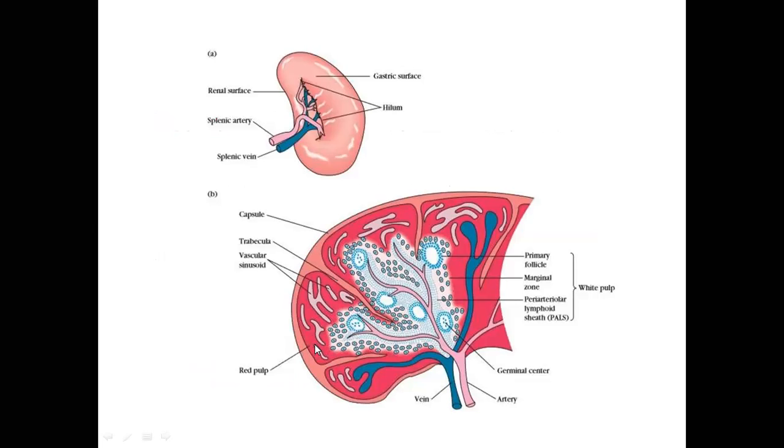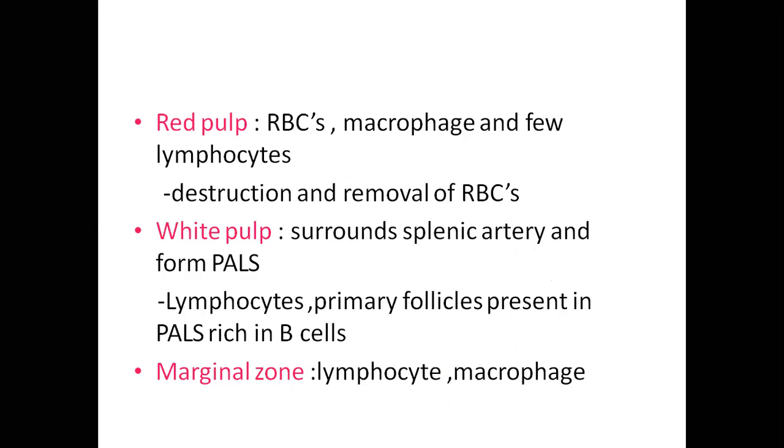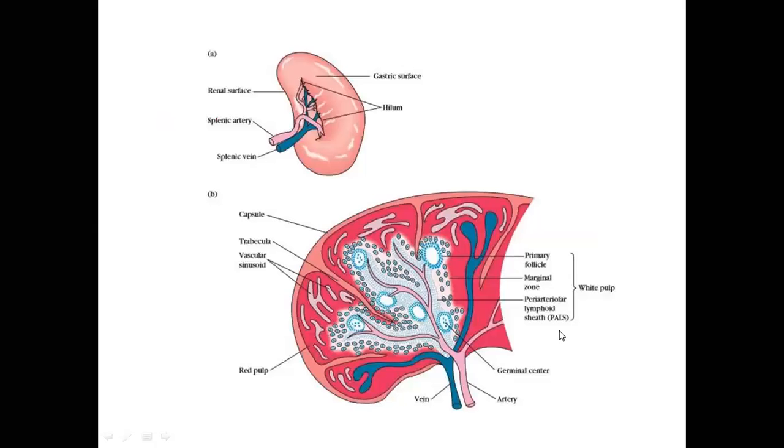We know that within 120 days the RBCs get destroyed and new RBCs get formed. That destruction of the RBCs takes place within this red pulp only. And then what do we know about the white pulp? White pulp surrounds the splenic artery and forms PALS.